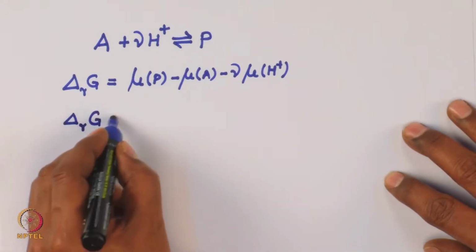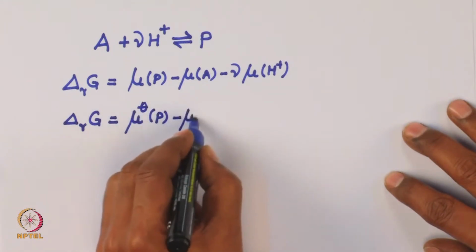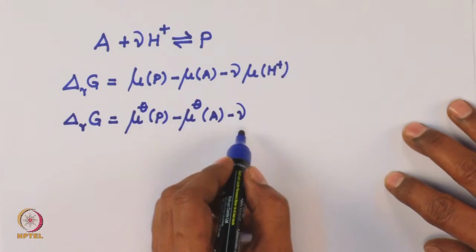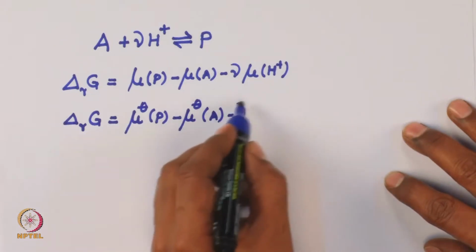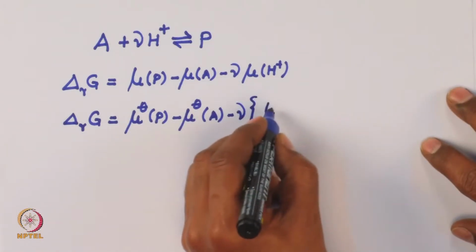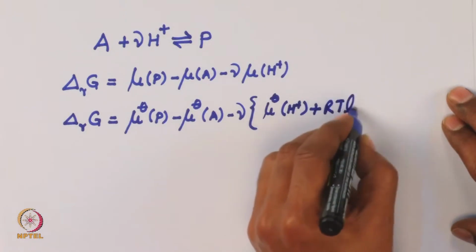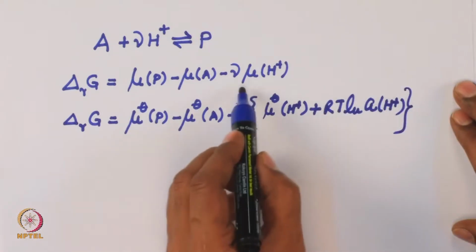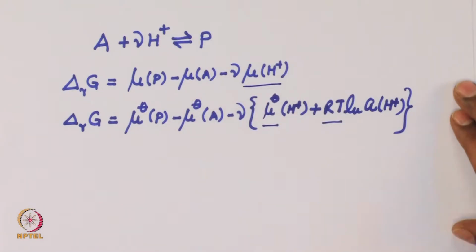In that case, delta Rg will be equal to mu naught P minus mu naught A minus nu, this is the stoichiometric number, and in place of mu H plus, I will write mu naught H plus plus RT log activity of H plus, because we know that mu is equal to mu naught plus RT log a, that we have discussed in one of the previous lectures.